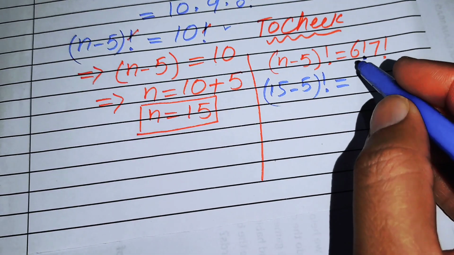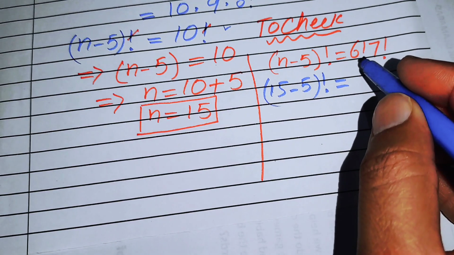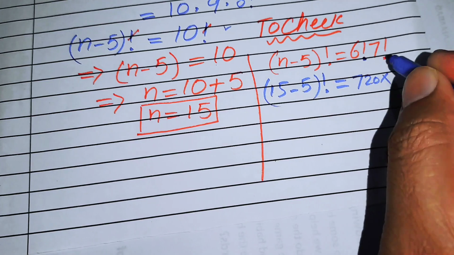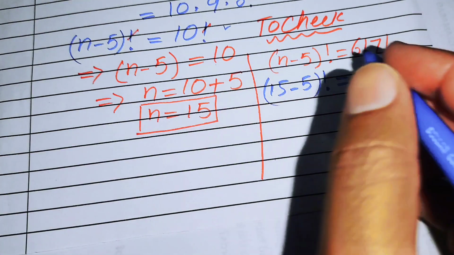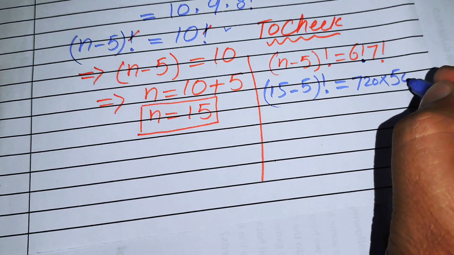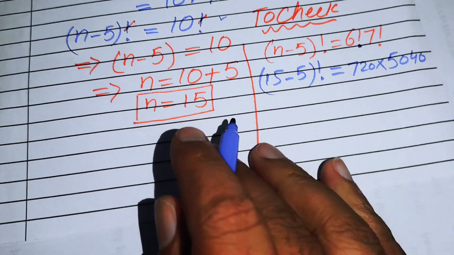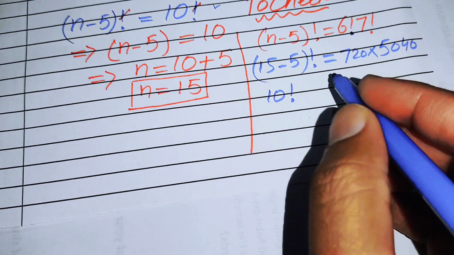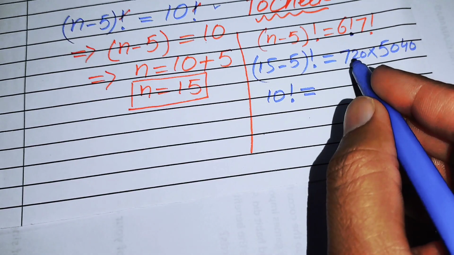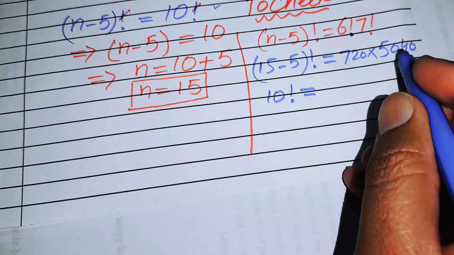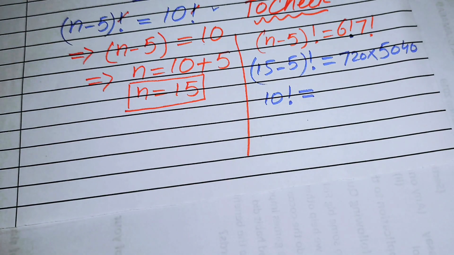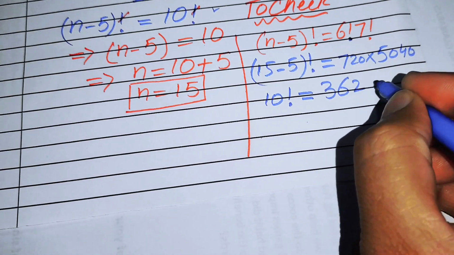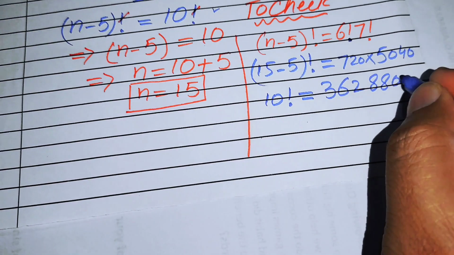We have the value of 6 factorial is 720, and the value of 7 factorial is 5040. In the left hand side we have 15 minus 5, which becomes 10 factorial, and it equals 720 times 5040, which becomes 3628800.